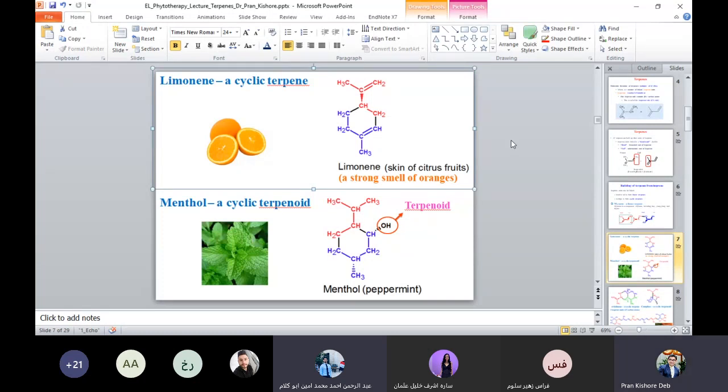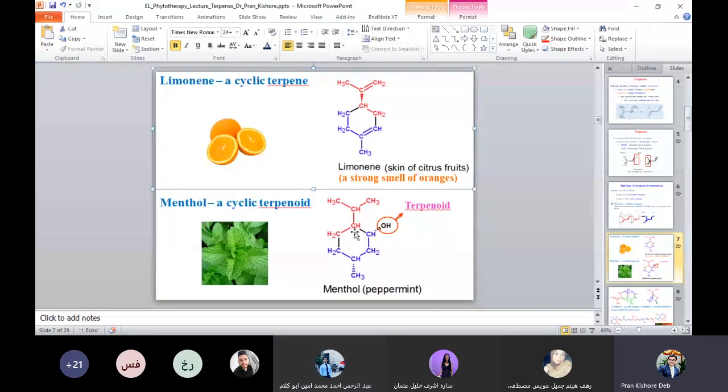How many carbons? 10 carbons, that's why 2. We have 2 isoprenes, and you can see it is given with a different color: red color 5 carbon, blue color 5 carbon. This limonene is present in the skin of citrus fruit, and it is the component responsible for the characteristic strong smell of orange. So whenever you smell orange, it is because of the presence of limonene.